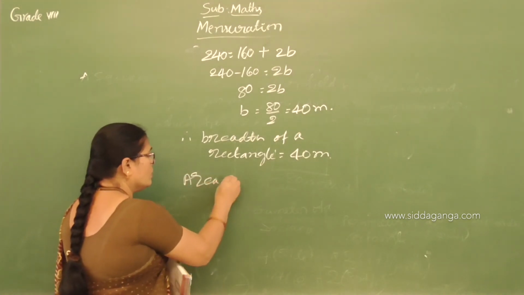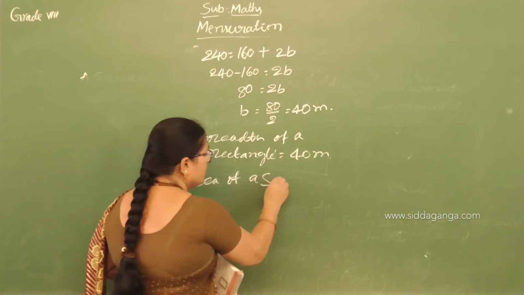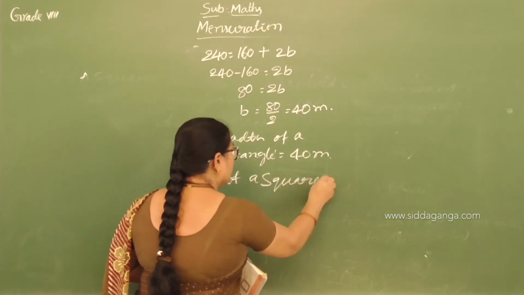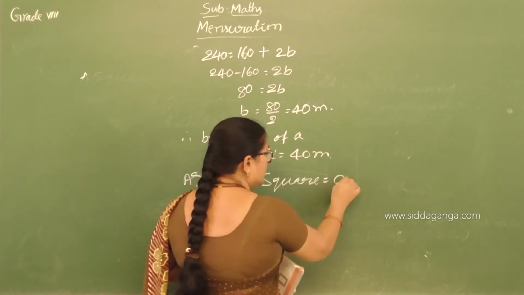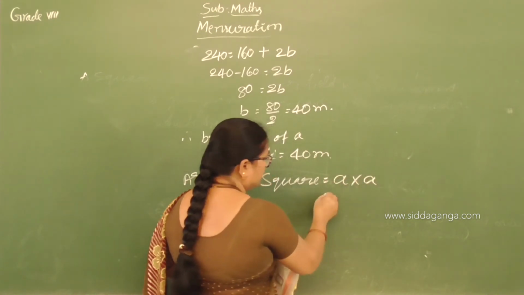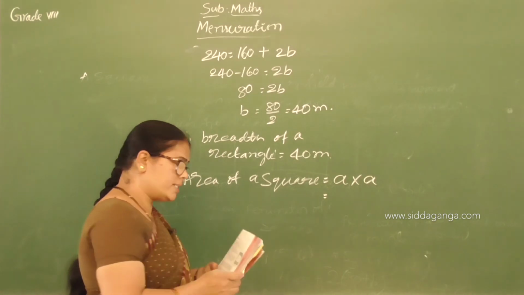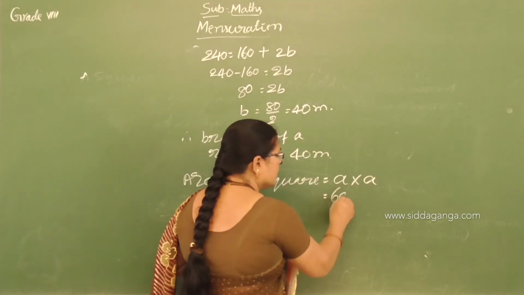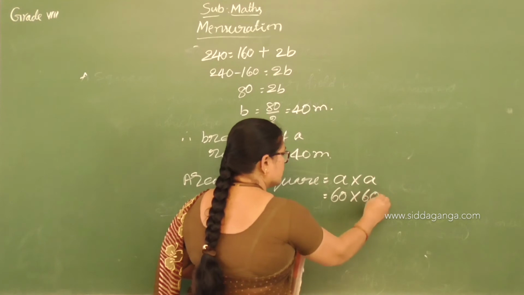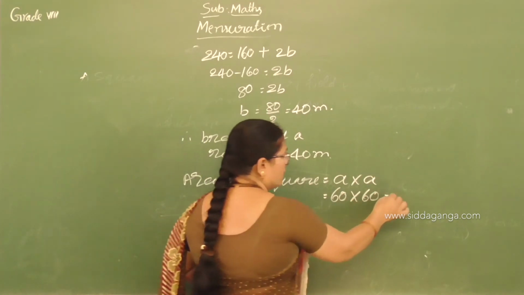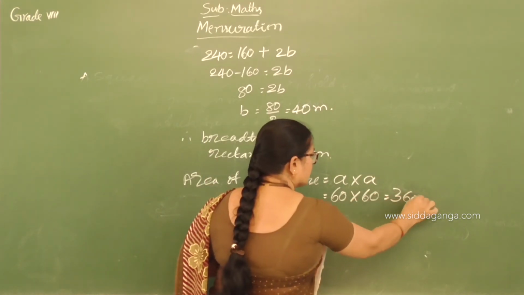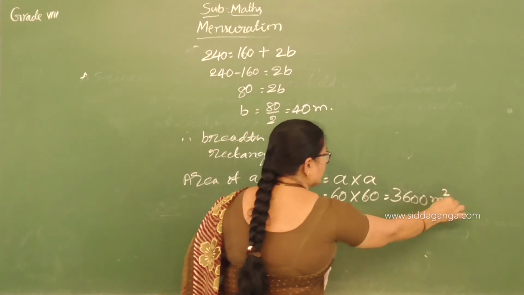Area of a square is equal to a into a, side into side. Here side is equal to 60 meter. So I can take 60 into 60. That will be equal to 3600 meter square.